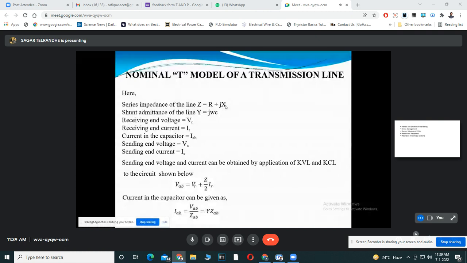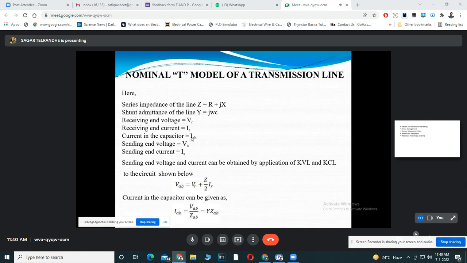The inductance being an imaginary part, we represent it as Z equals R plus jX. The admittance becomes jωC. The receiving end voltage is represented by VR, and the receiving end current is represented by IR.